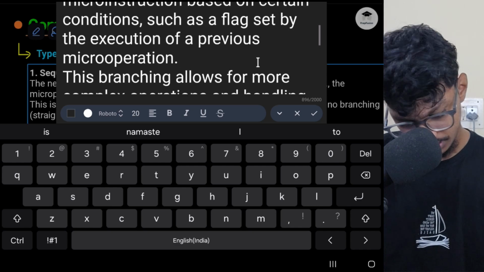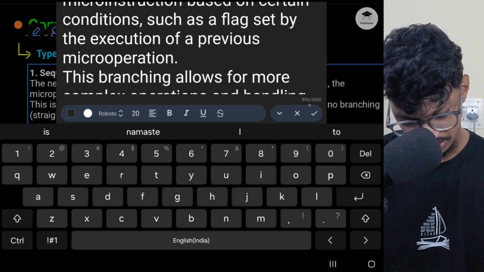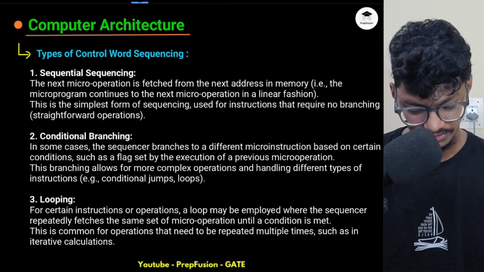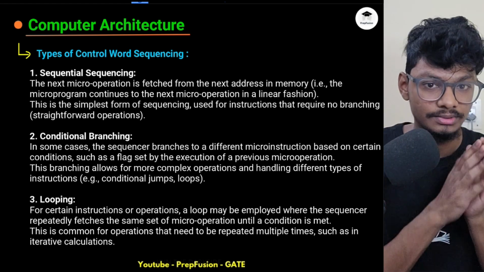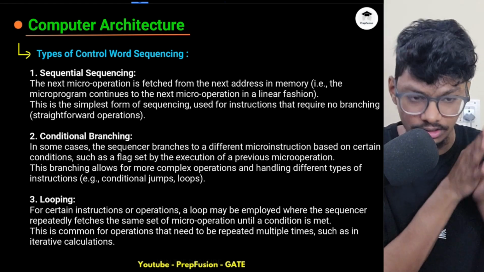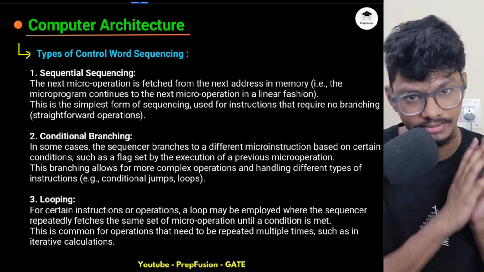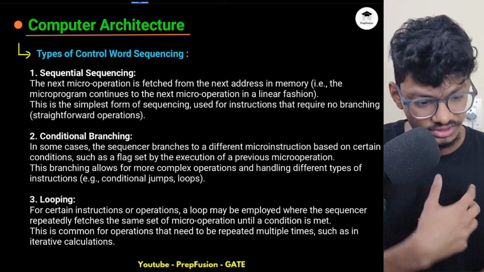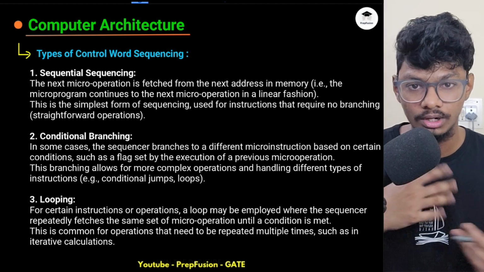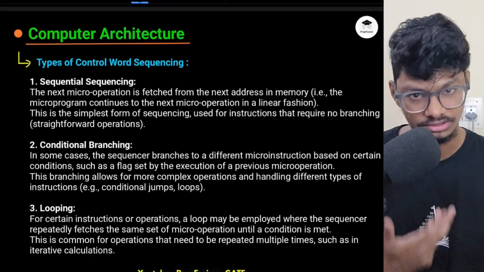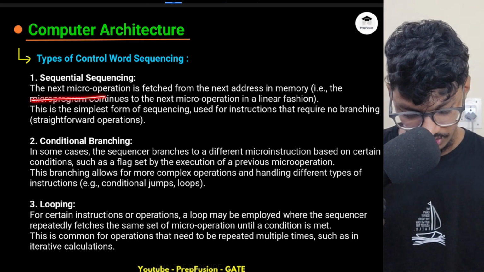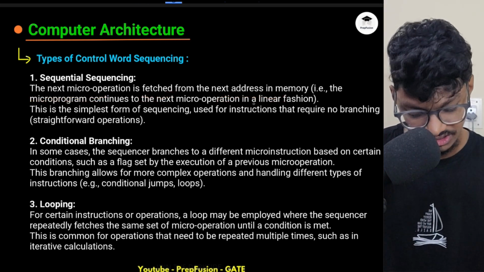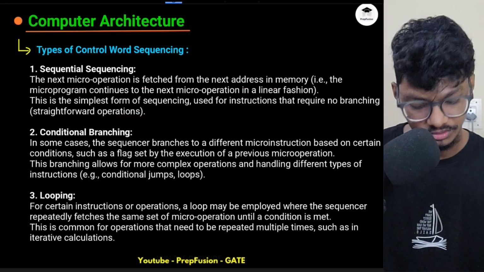Don't get confused sometimes between micro operation and micro instruction, okay? The smallest possible thing is a micro operation, and the collection of those micro operations is a micro instruction. Sometimes they are used interchangeably, okay? So don't get scared by that terminology. The next micro operation is fetched from the next address. It is sequential, the simplest form of sequencing.